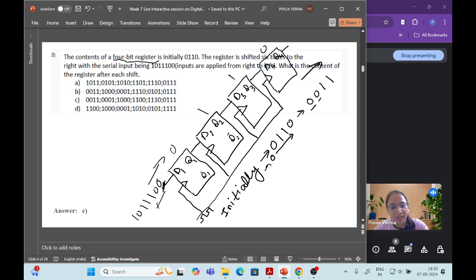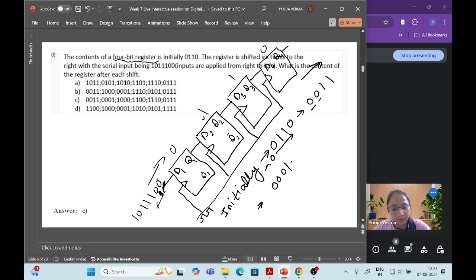Now again when the next clock pulse comes, one more shift will happen. The next bit is also 0, right? So again 0 0 0 1. That will shift to the next flip-flop, because the clock pulse is given to every flip-flop. So it will shift in each flip-flop.